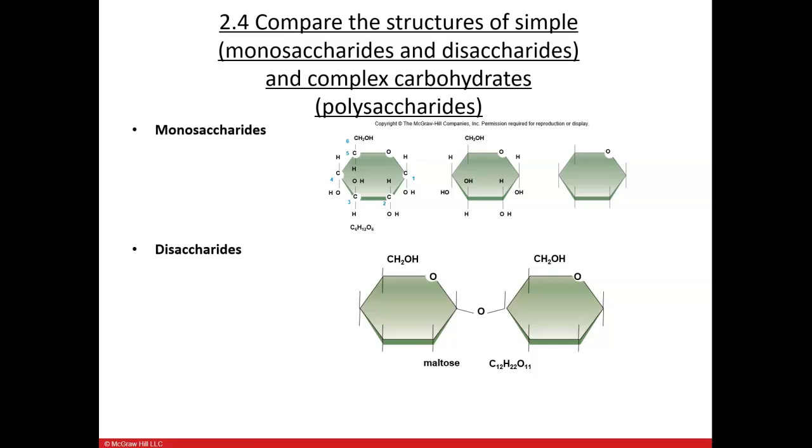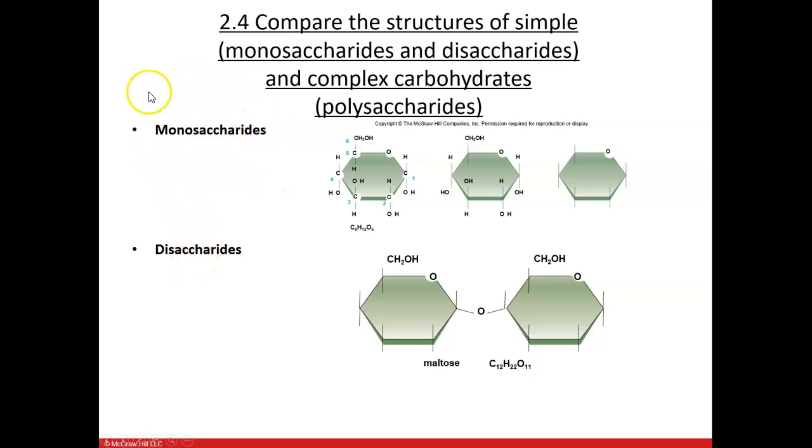So I want to compare the structures of simple and complex carbohydrates. This is where the vocabulary can get confusing, because we have multiple words meaning the same thing. When I'm talking about a simple carbohydrate, these are the monosaccharides and the disaccharides.